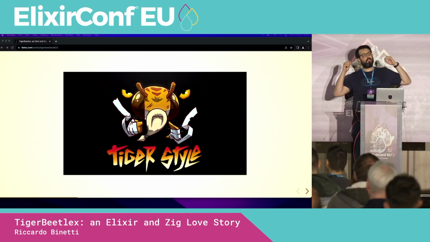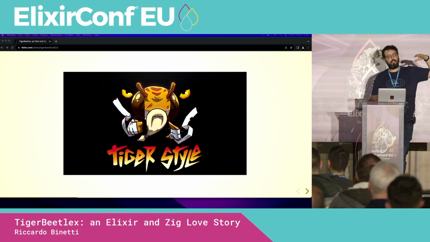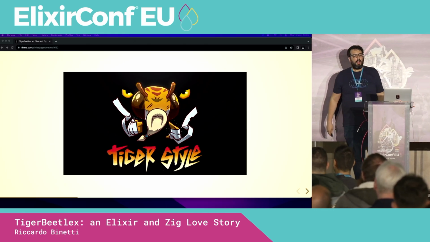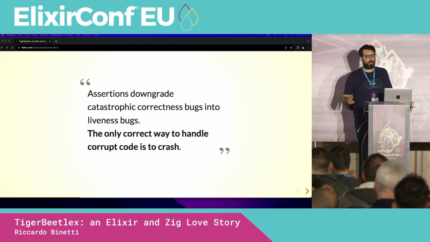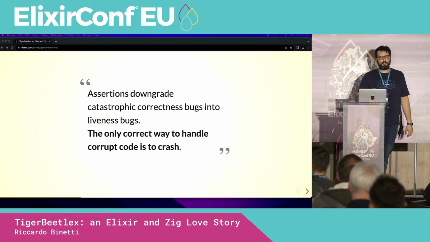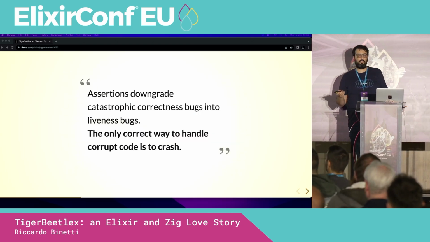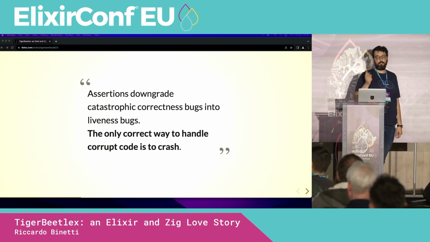For example, putting lots of assertions at the beginning and the end of the function. And one interesting quote that I extracted from there is that assertions downgrade catastrophic correctness bugs into liveness bugs.